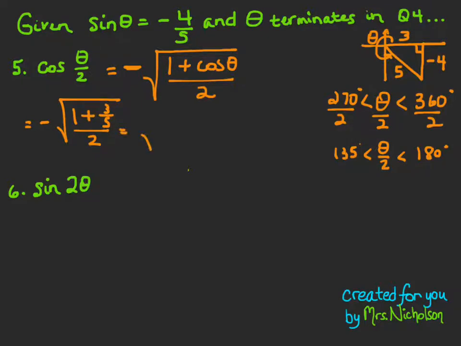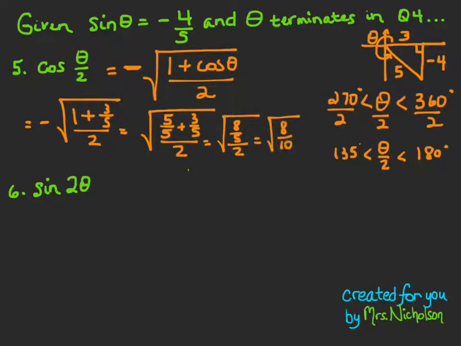I'm going to get a common denominator in my numerator, which would be 5 over 5 plus 3 over 5 all over 2, which is going to be equal to 8 over 5 over 2. And if I multiply by the reciprocal of 2, I get the square root of 8 over 10, or finally square root of 4 over 5.